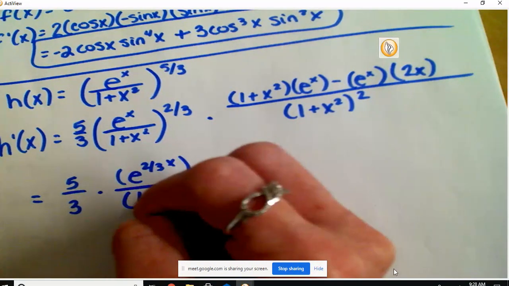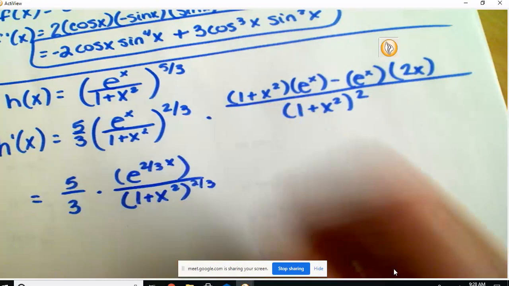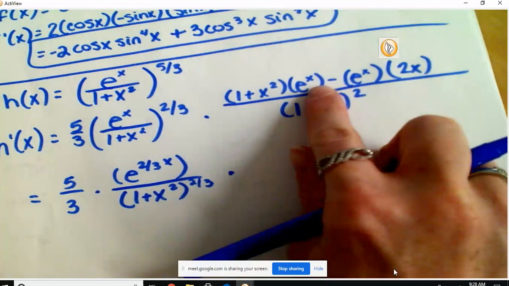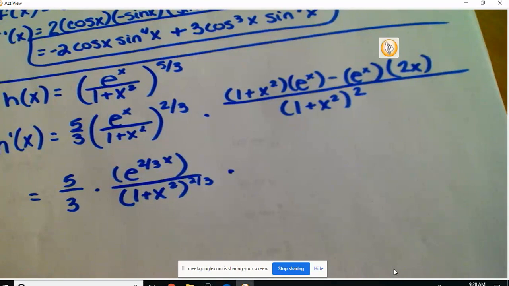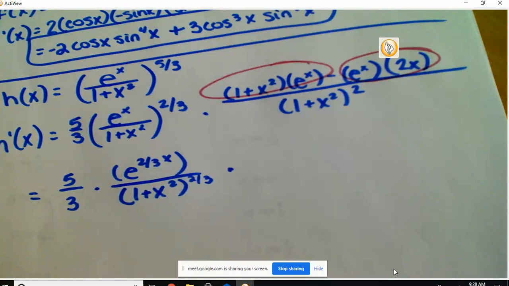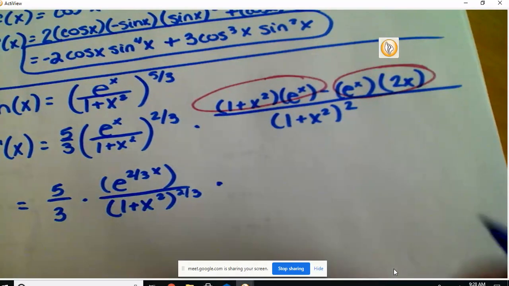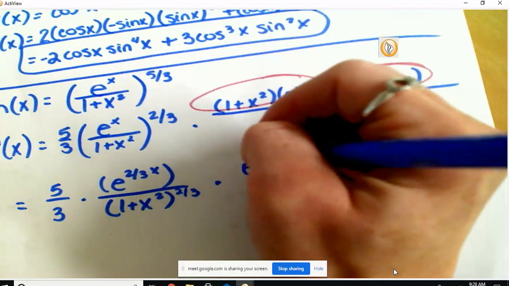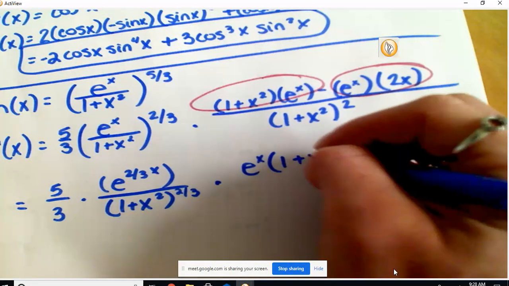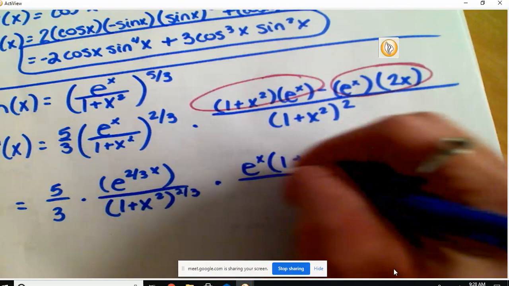On the bottom, I'm going to write that as 1 plus x squared to the 2/3. In this fraction, what do those two terms have in common? So we could factor out an e to the x. That leaves us with a 1 plus an x squared minus a 2x.